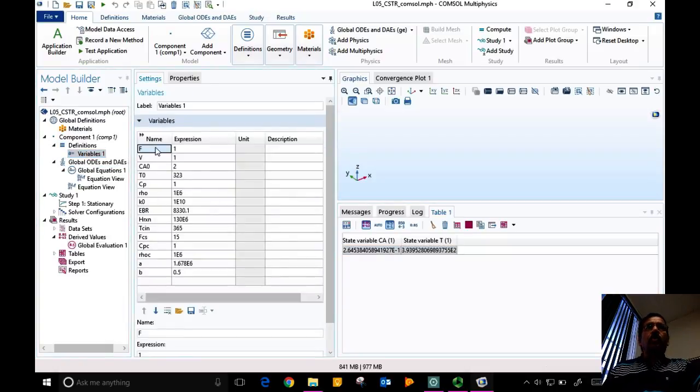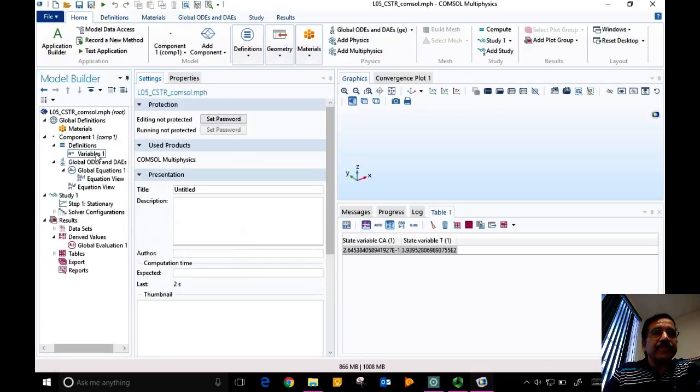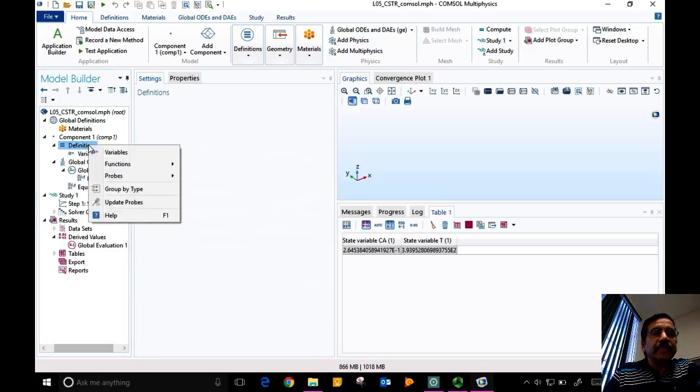Now I want to show how the continuation works in COMSOL, because as I said, that's a powerful method, and we will extend it to be even more powerful than what is built in here.